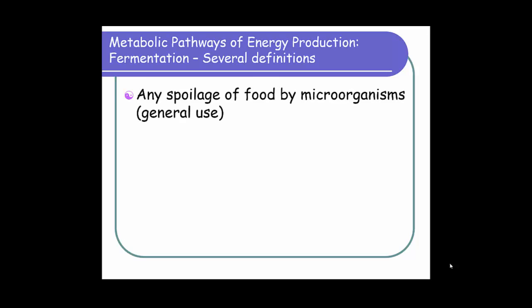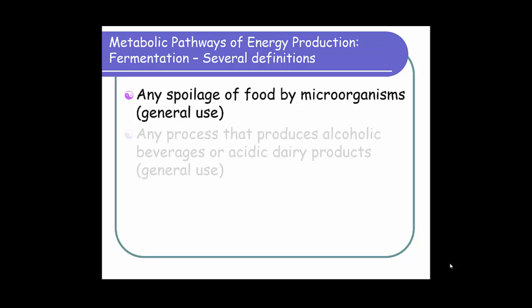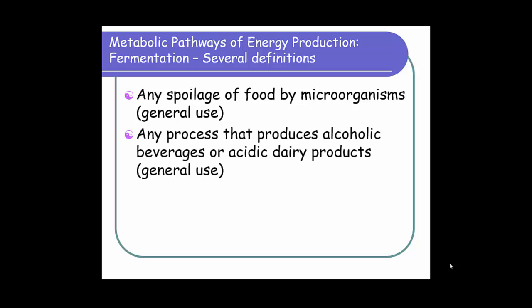The other way that we can utilize glucose is through fermentation, and there are several definitions depending upon your use of the sugar. One definition is any spoilage of food by microorganisms is considered fermentation. Another general use is any process that produces alcoholic beverages or acidic dairy products.